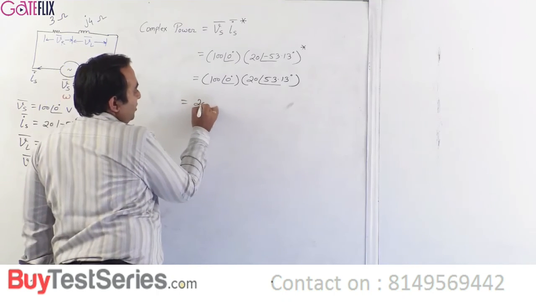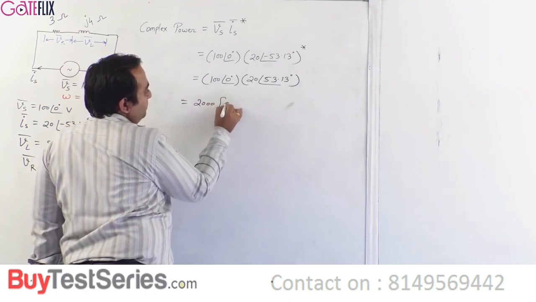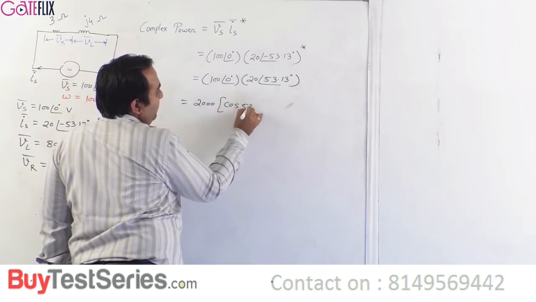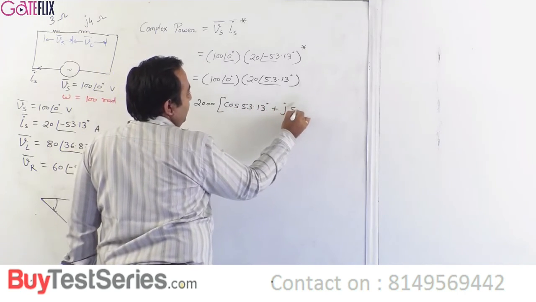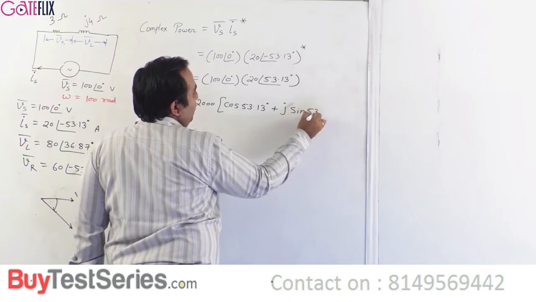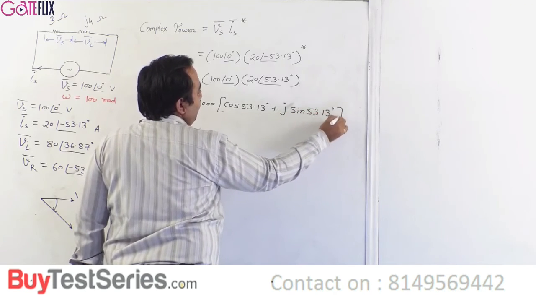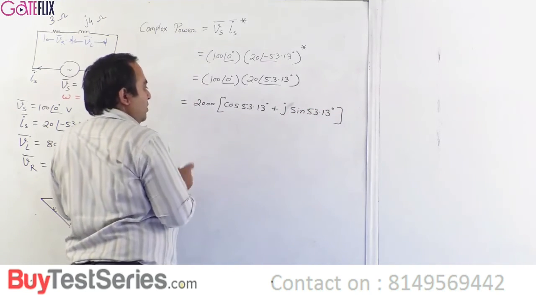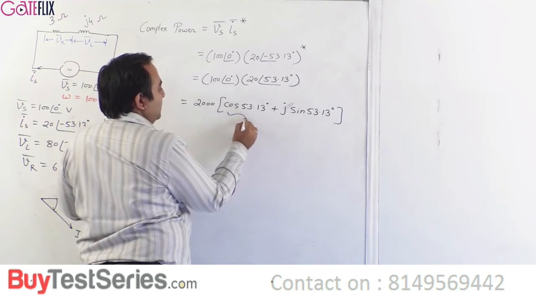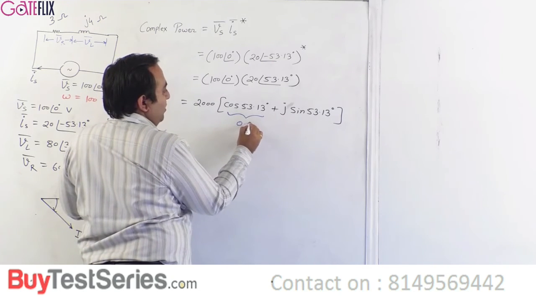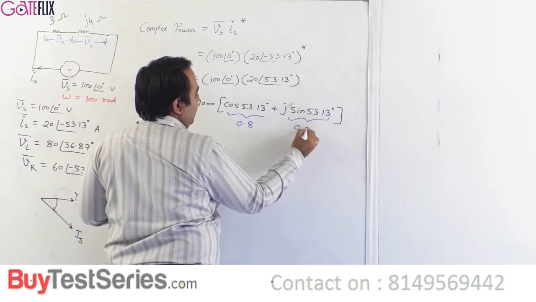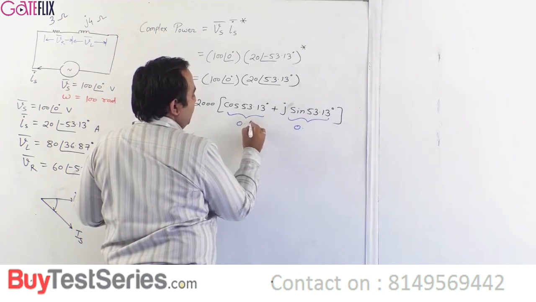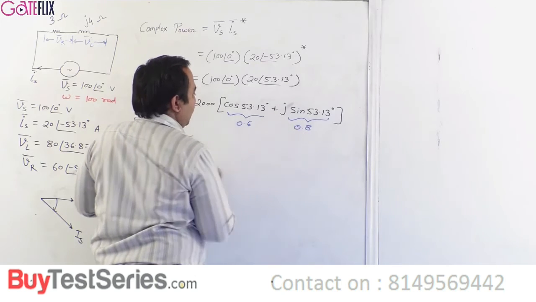So it becomes 2000 times cos 53.13 plus j sin 53.13. So this becomes 0.6 and this becomes 0.8.